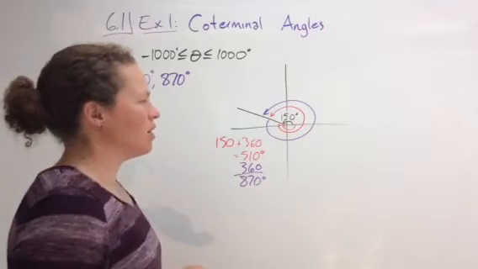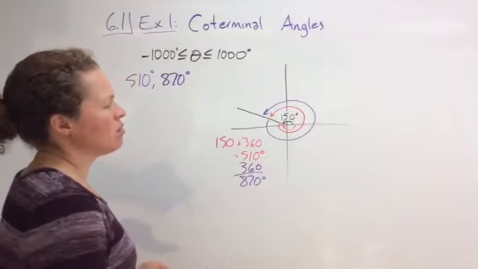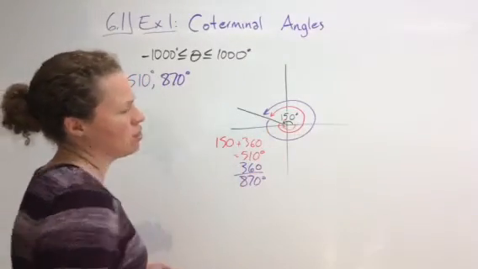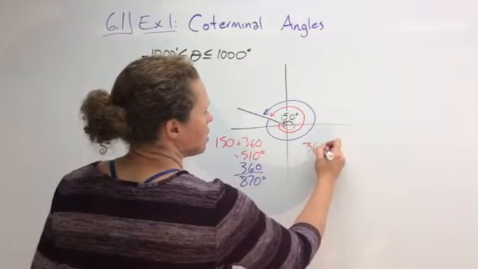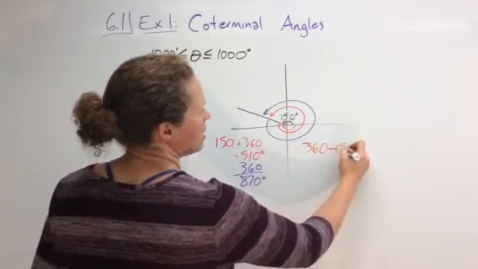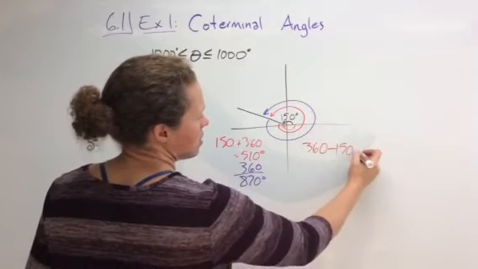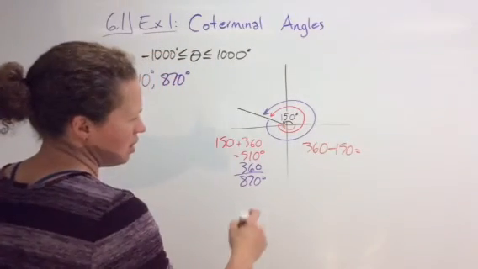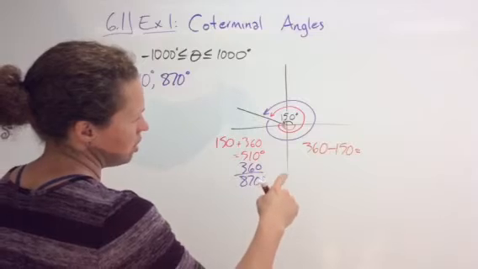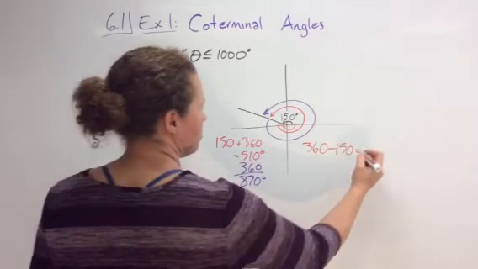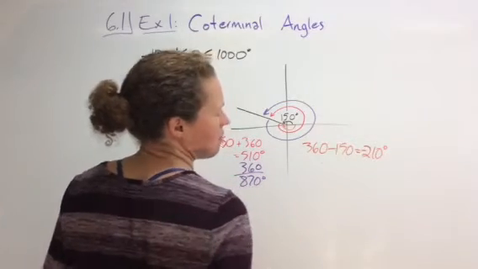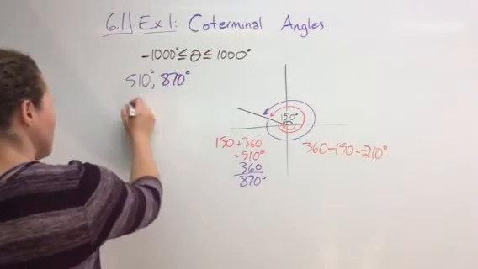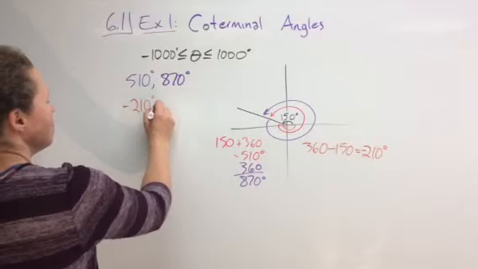But rather than try to figure out what the little bit is, we can just recognize that it's 150 degrees short of 360 degrees. So for the negative ones, I can go 360 minus 150 degrees, which is going to give me 210 degrees in the negative direction. So that's negative 210 degrees there.